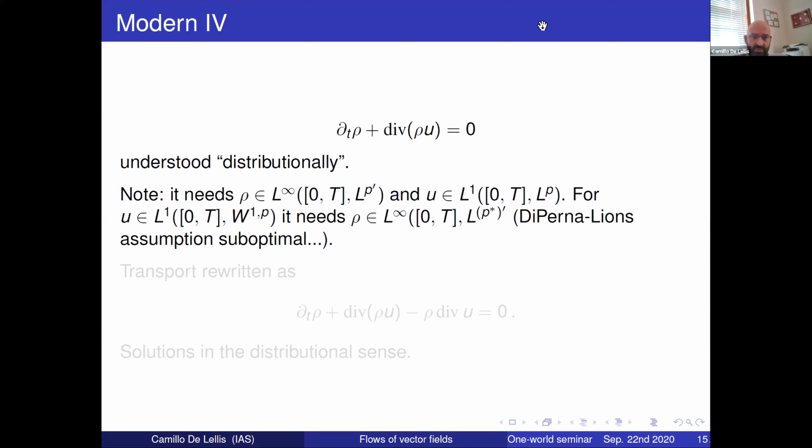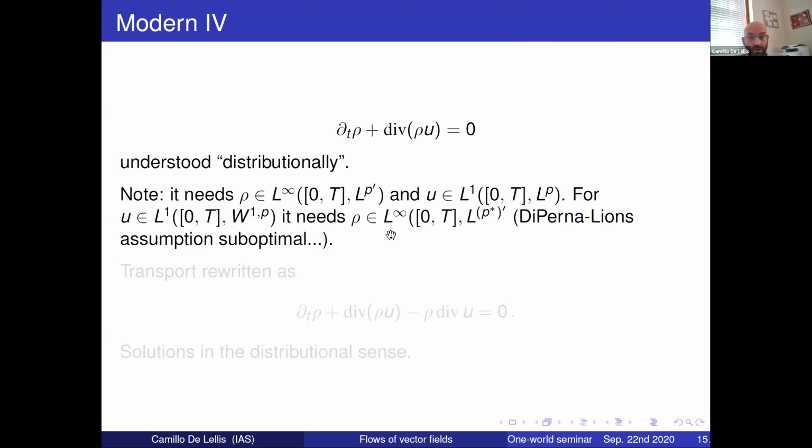Okay. But actually, the DiPerna-Lions theory needs an assumption which is kind of suboptimal. It needs that u is in L1 of (0,T) W^{1,p}, and rho is in L infinity of (0,T) L^p prime, even though you could actually require much less on rho, because having the Sobolev embedding, we actually know that u in W^{1,p} will give you a summability which is better, which is this p star, right?